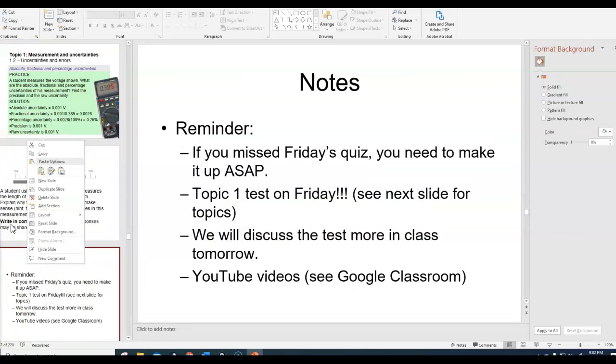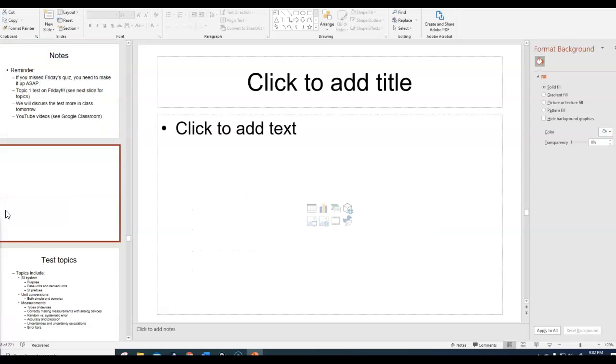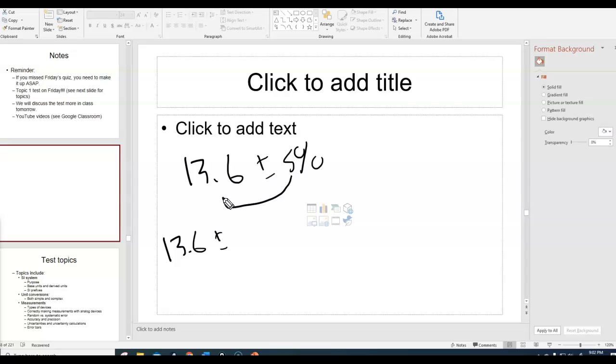Actually, I'll do it over here. Okay, so hypothetically speaking, let's say I had 13.6 plus or minus 5%, and I want to convert from percent to absolute. So what you would do is you want to figure out, okay, so it's plus or minus 5%, and it's 5% of this number.